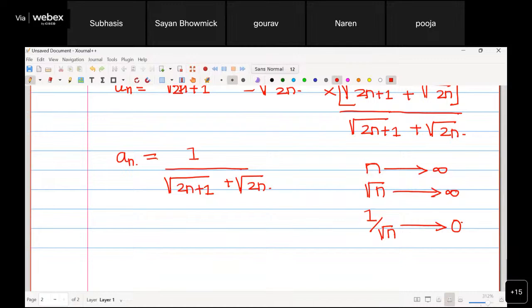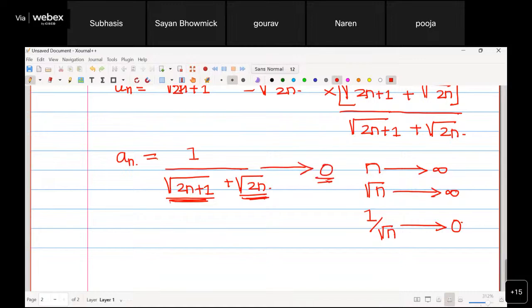As you can see, I have square root of 2n plus 1, and I am adding one more square root of 2n. If I increase the value of n, then this will increase as well as this will increase. So basically the denominator will also increase, and that means 1 by that number will go towards 0.